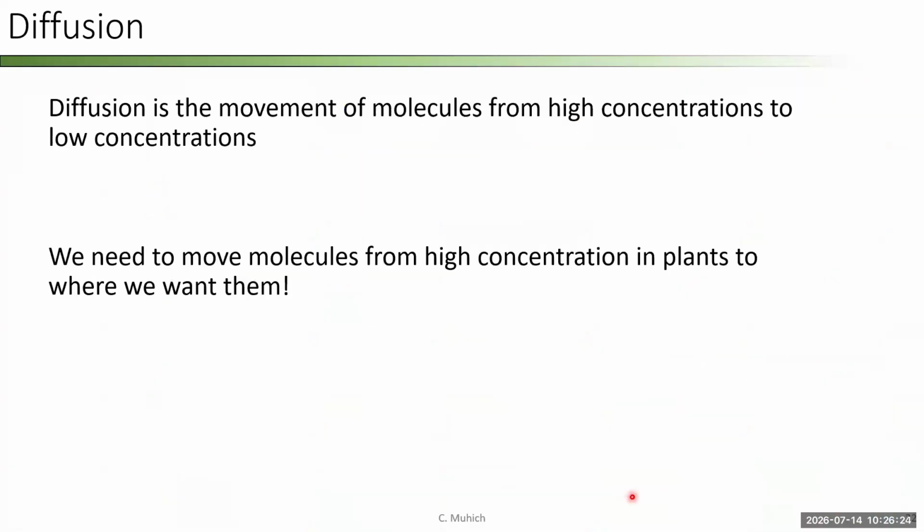And this process is called diffusion. It's the movement of molecules from high concentrations to low concentrations. And this is what we want to do in plants: we want to move the molecules from our high concentration in the plant to wherever we want them.